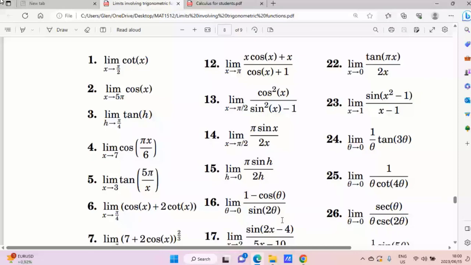Yes, I used the special angles. I just need an answer here. You said 1 over root 2 plus 2. That's your answer? Yes. Thank you, brother.